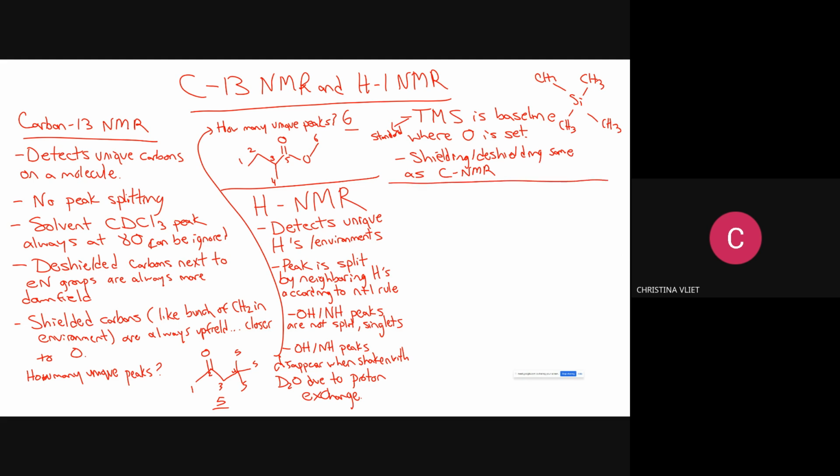The next thing is splitting patterns. You have got to know the names of the different splits you could have. So the first one is called singlet. Singlet. What does that mean? There is no splitting, right?